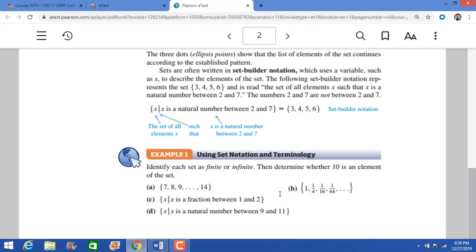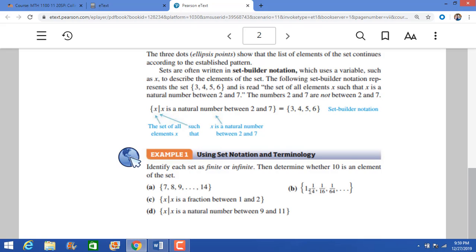Now, what's going on with set B? Set B starts at 1, and then it goes to a fourth, and then to a sixteenth, and it looks like the denominator is a power of 4. So 1 over 4 to the 0, which is 1, 1 over 4 to the first power, then 1 over 4 to the second power, then 1 over 4 to the third power, and then the ellipsis says this continues in like manner.